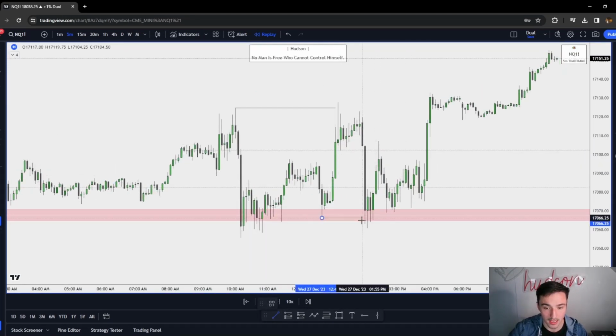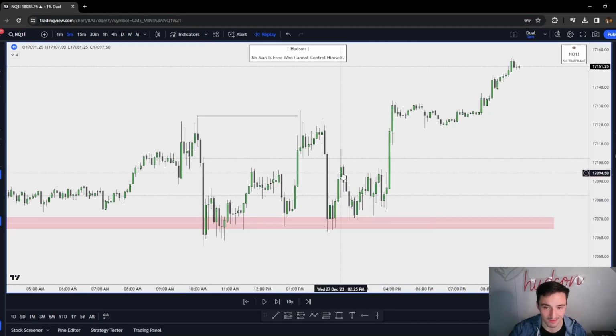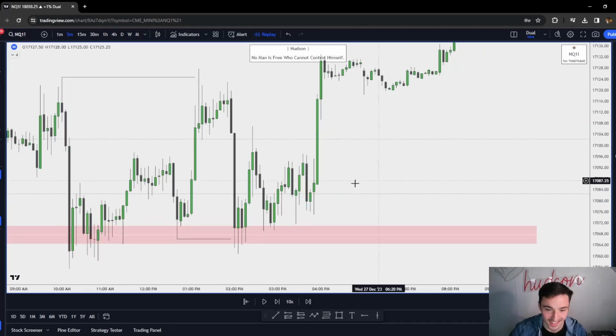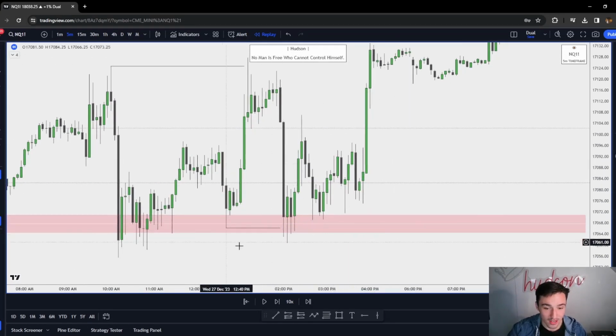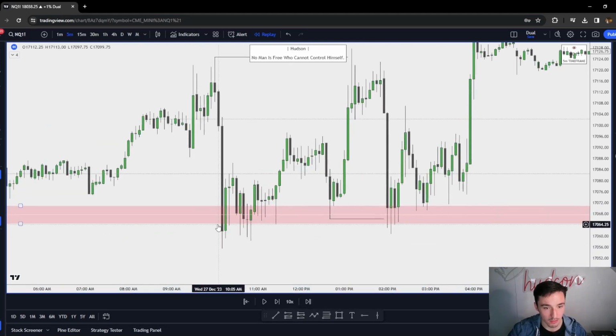So we swept that buy side. What does the market need to do now? Pair orders. Pairing orders inside of what? A higher time frame PD array. Are you starting to notice? Anyways, no displacement through this fair value gap. So market opens right here.